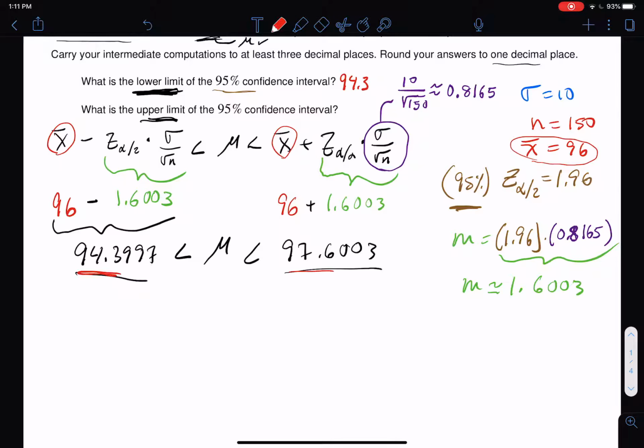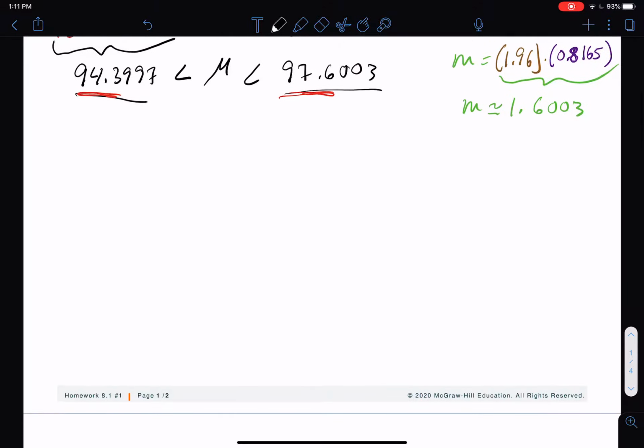And the upper is 97.6. So we have completed our confidence interval at a 95% confidence level. There it is. Okay, next question.